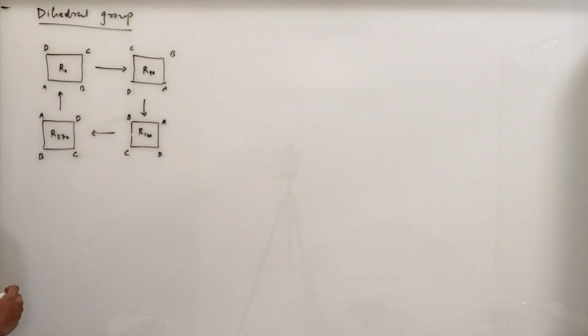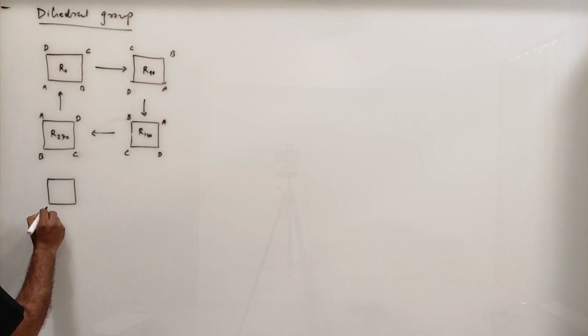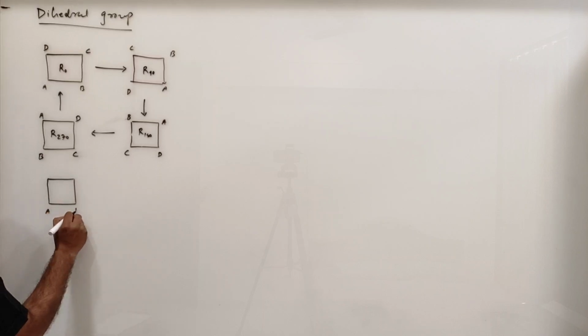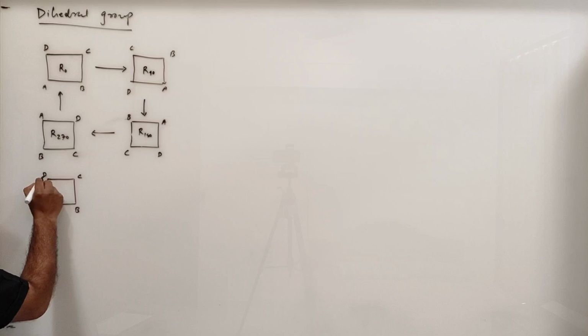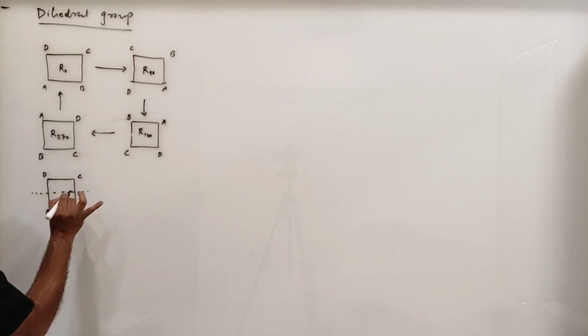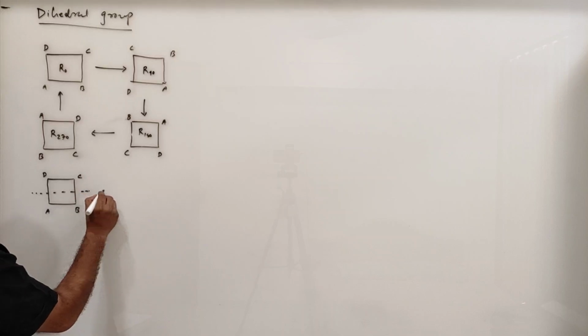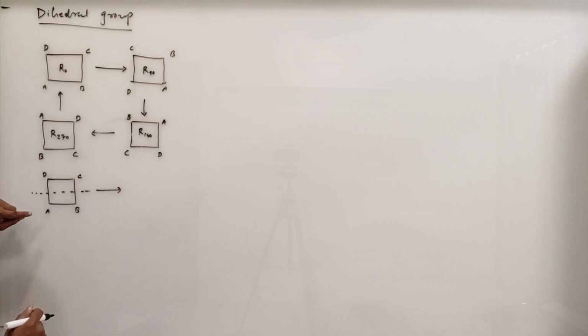Okay, now let me consider this is my R0, right? A, B, C and D. Now let me consider a horizontal line passing through the center of the square, and you just flip with respect to this horizontal line.